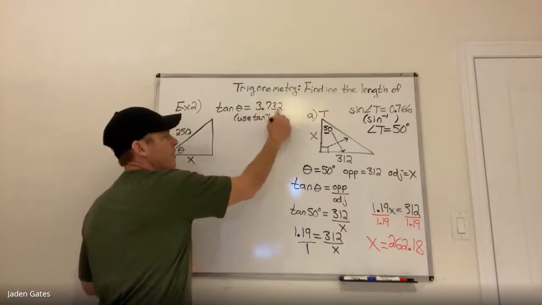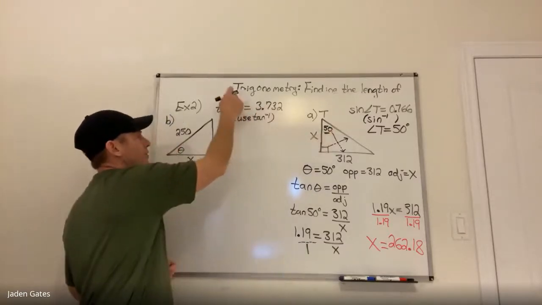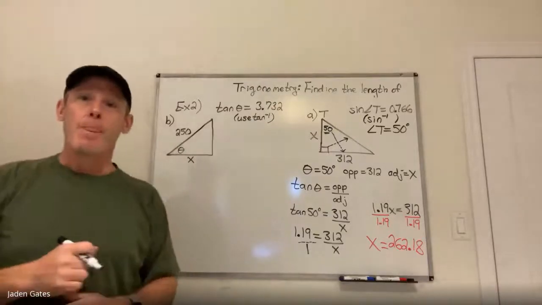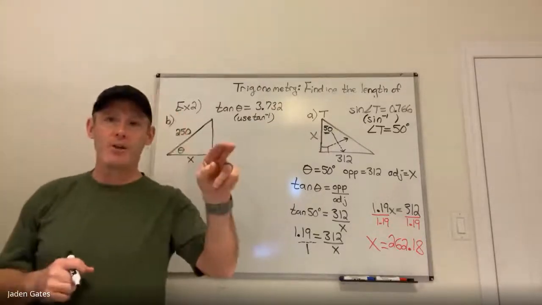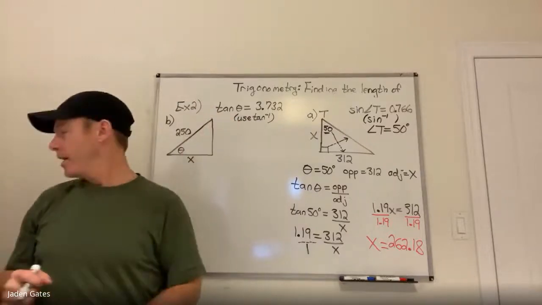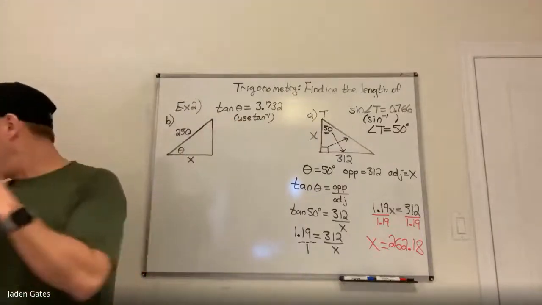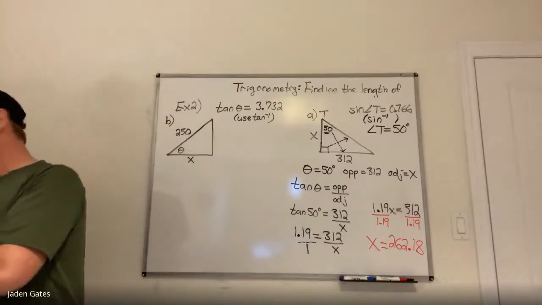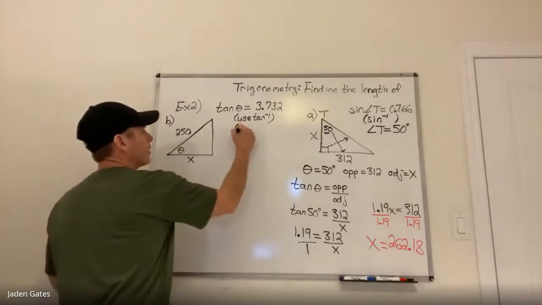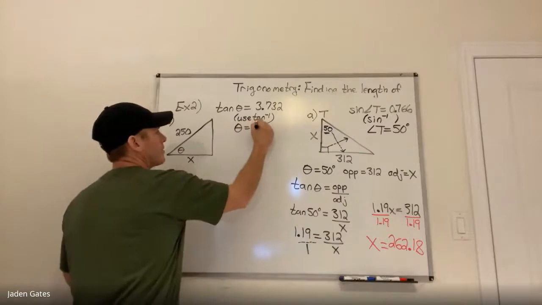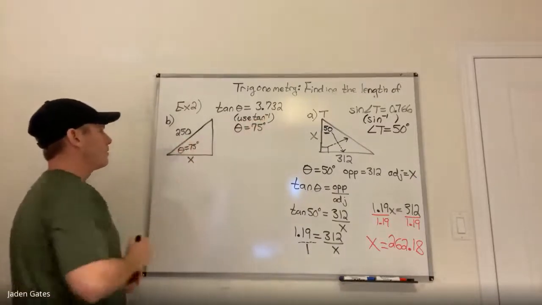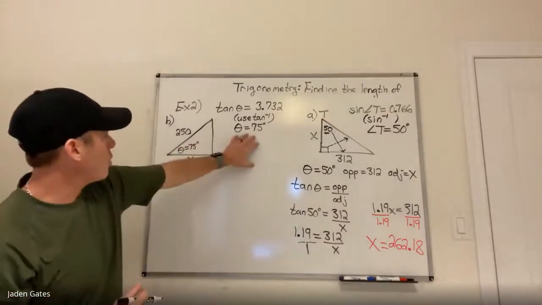Last time we used sine inverse, but because we have the tan ratio, I'm going to use tan inverse to get the angle. So I press second function, tan, and then put in 3.732, and I get that my angle is 75 degrees.